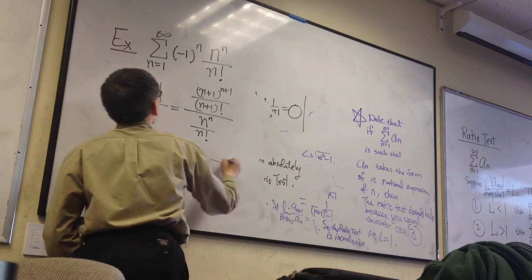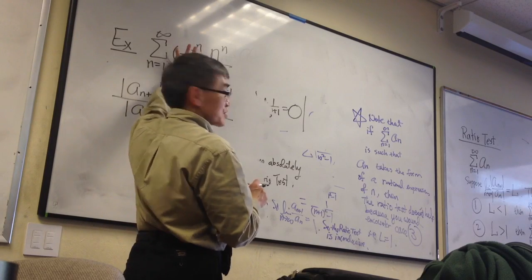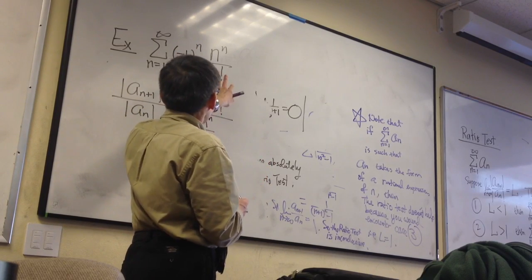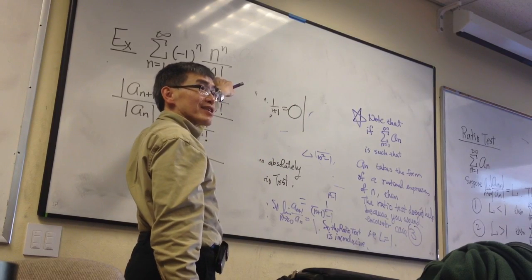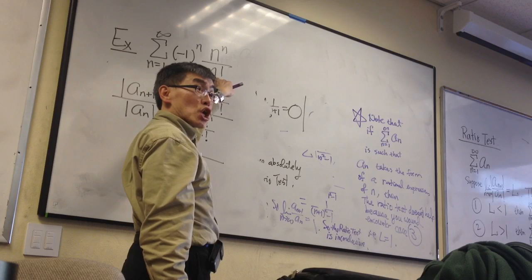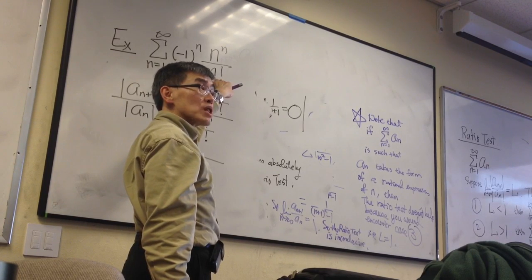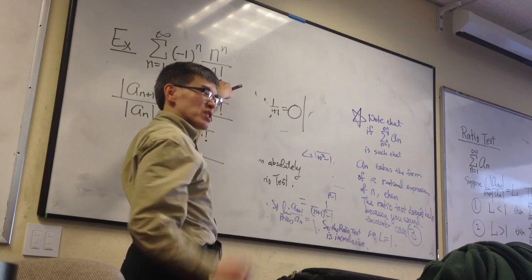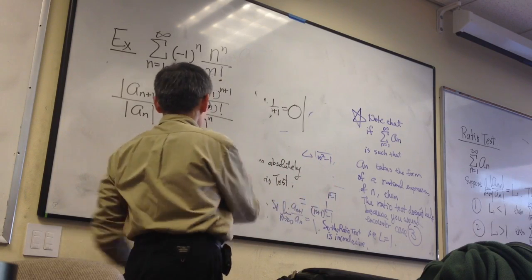Look at this. Imagine that you go from this one, forget about the sign because you're going to take the absolute value, to the next one. What happens to the denominator? It goes from n factorial to n plus 1 factorial, which has an extra factor, which is n plus 1.